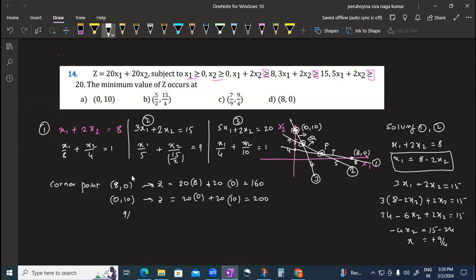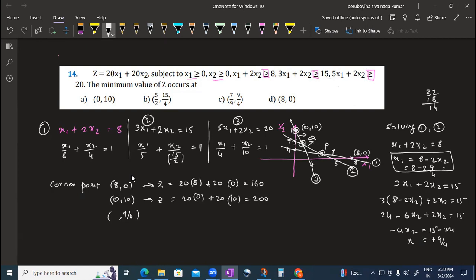So x2, the y value, is 9 by 4. If you substitute in this equation, you will get 8 minus 2 times 9 by 4. Keep that 4 the same. 4 times 8 is 32 minus 18, which is 14.